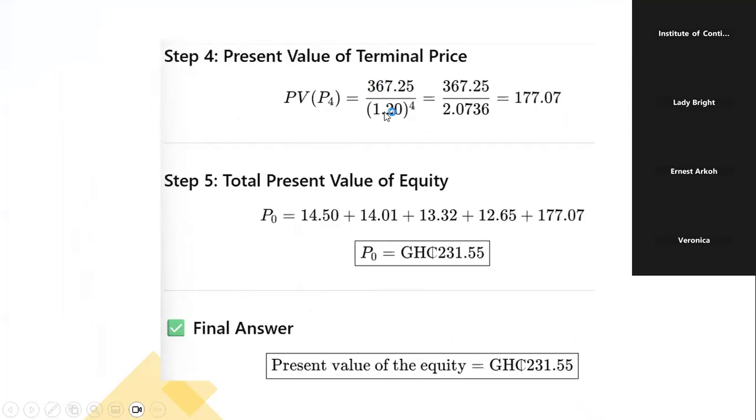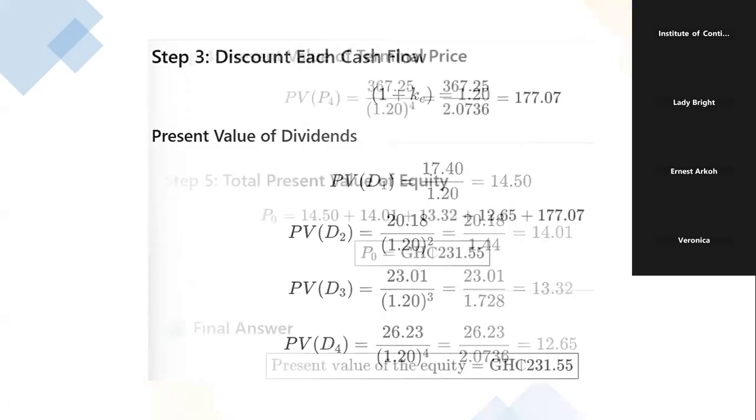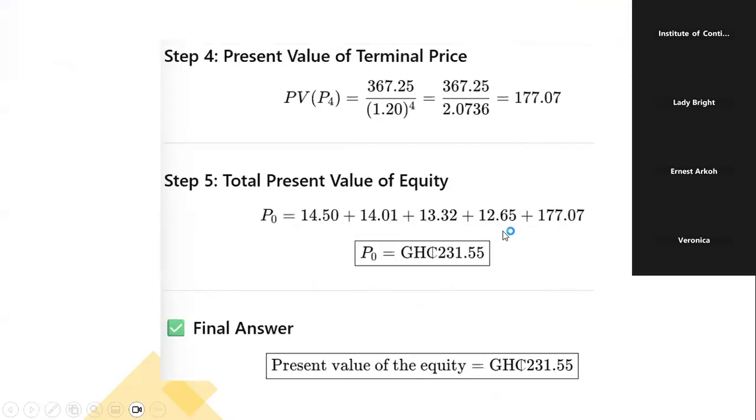We discounted by 1 plus KE in the fourth year, and it gives us 117.07. All that is left is for us to add all the figures we have had from discounting D1, D2, D3, D4. And that gives us a total of 223.53 in present value.